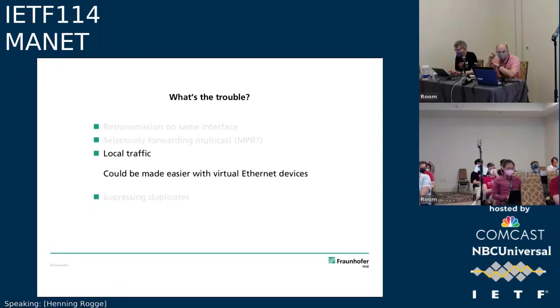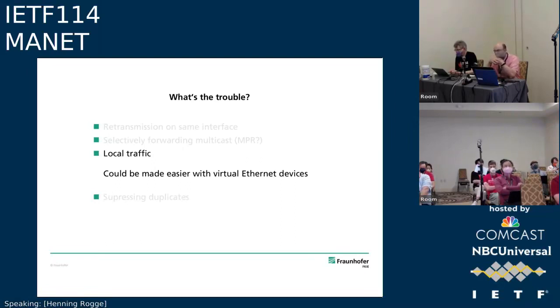Local traffic. As said in the last presentation, you don't always have a nice router with a host attached, but kernel multicast forwarding only deals in interface-to-interface forwarding. It ignores local traffic completely. The idea is that the local application should know which interface to use, which is bad if you have multiple radio interfaces.